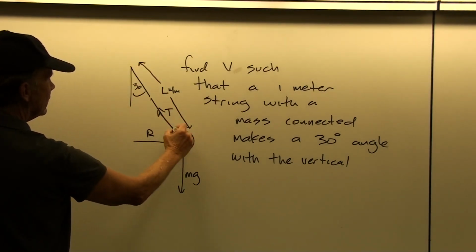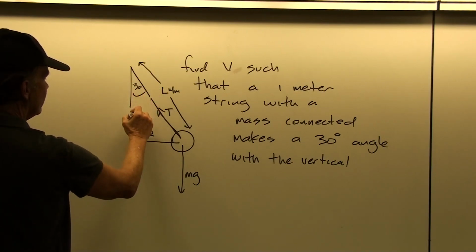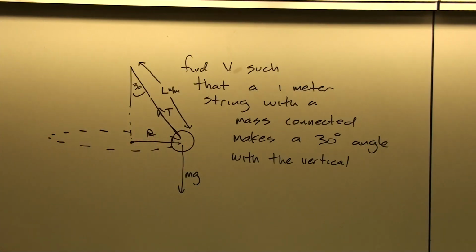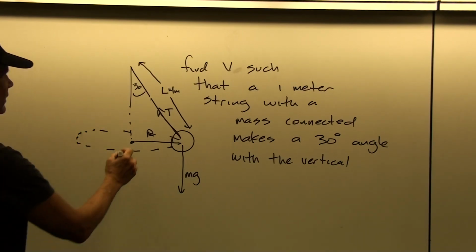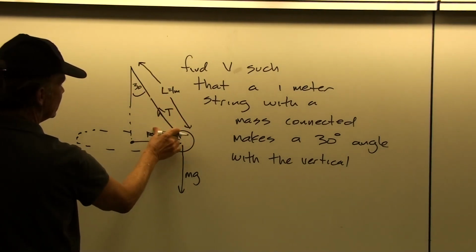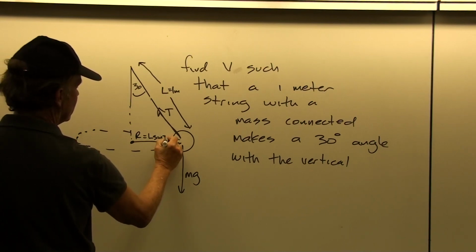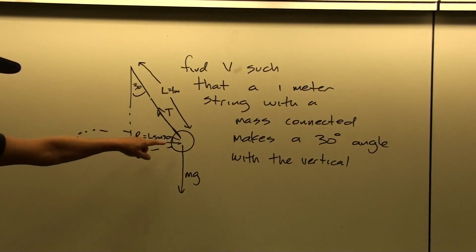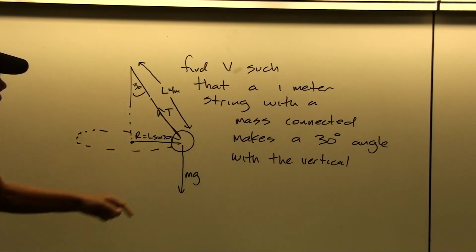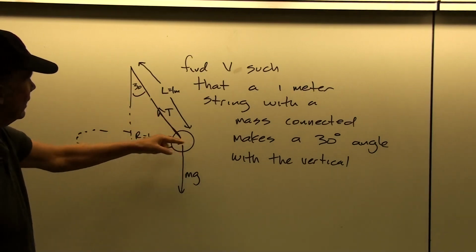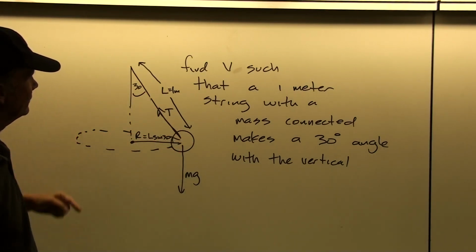It's not L, not the 1 meter, but it's the r value here because the mass is going around and around in a horizontal circle, like that. Right? So r is equal to L sine theta, or L sine 30. We'll want to hang on to that for later, but we don't just want to accidentally put in that r is equal to L because it's going around in this horizontal circle.